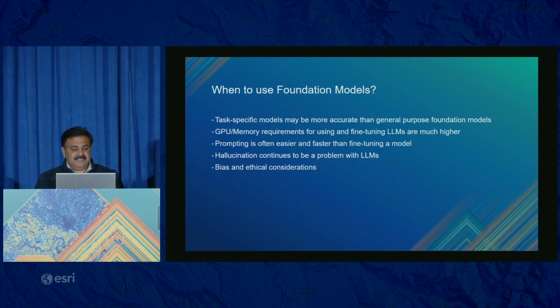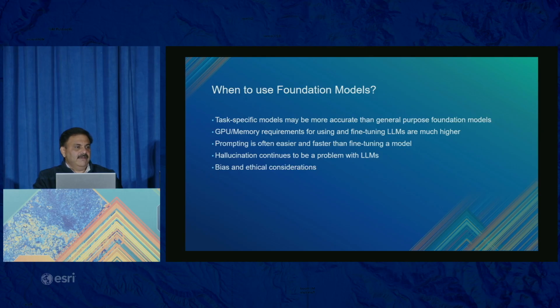One shift is, well, you don't always need to fine-tune a model. You can first try a prompting approach, see if it works. If it doesn't, then try to fine-tune your model. Hallucination does continue to be a problem with LLMs, like it can make up categories, and that's where the review is important.